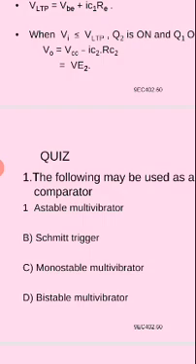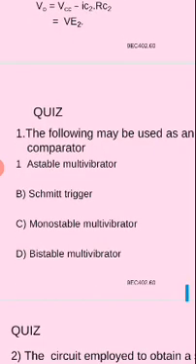Option B, Schmitt trigger. Option C, monostable multivibrator. Option D, bistable multivibrator.